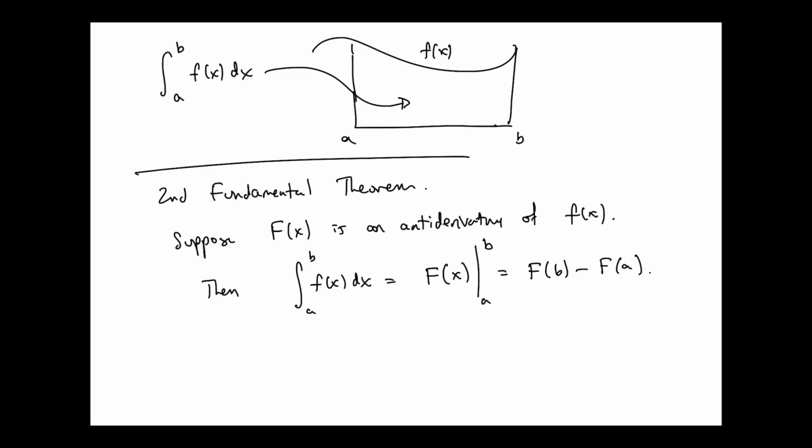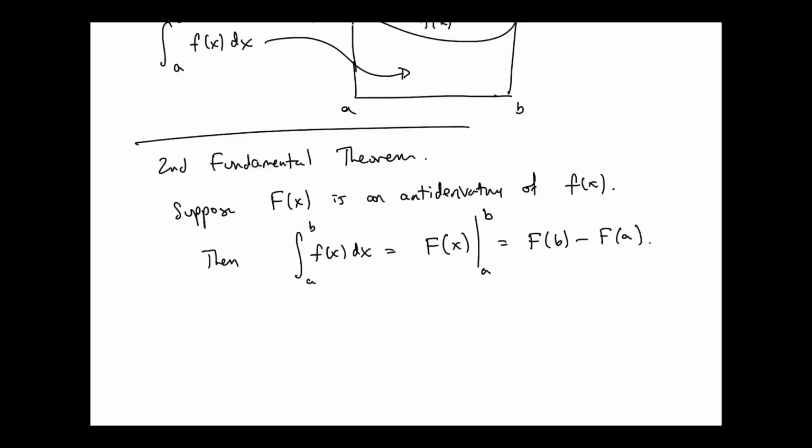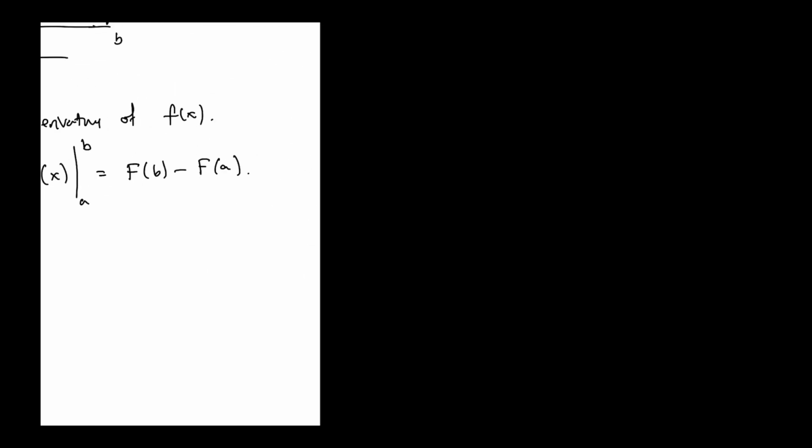Okay, so let's take just a couple of quick examples here. Well, let's actually just redo the problem we just worked, right? So we did that area that was underneath a parabola, right?